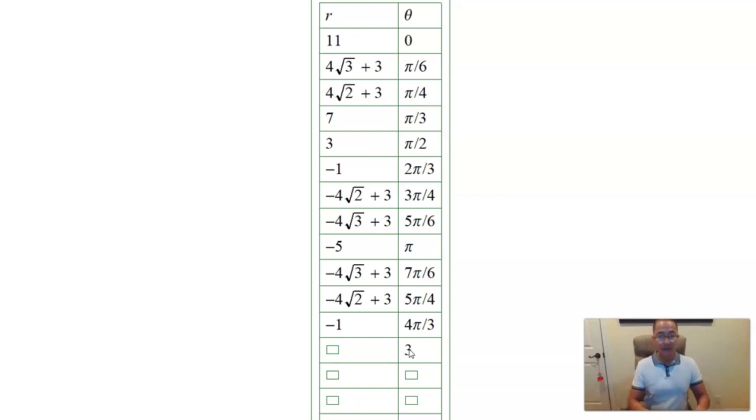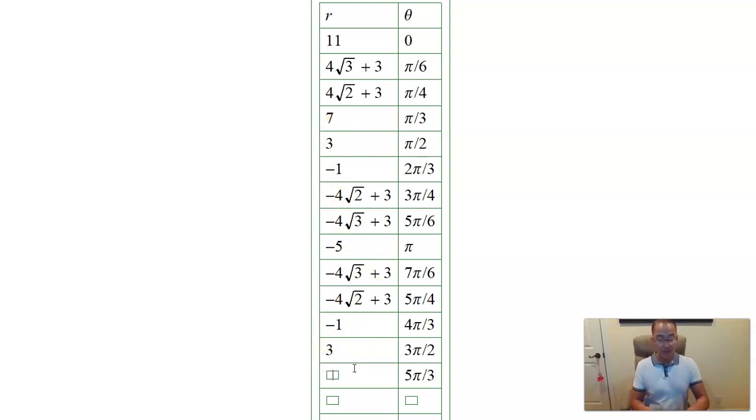I believe it is 3 pi over 2. And for that, it will also be 3. No negatives. And then we will get 5 pi over 3. And the cosine will be positive 1/2 times 8 is 4. Plus 3, we will get 7.